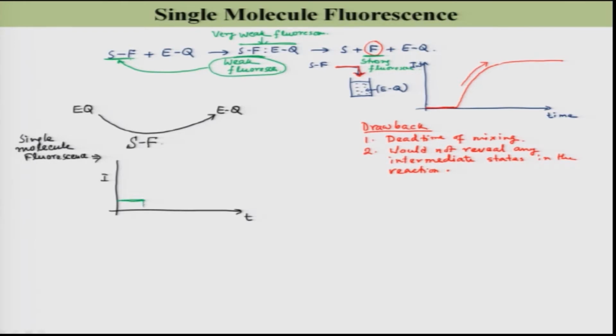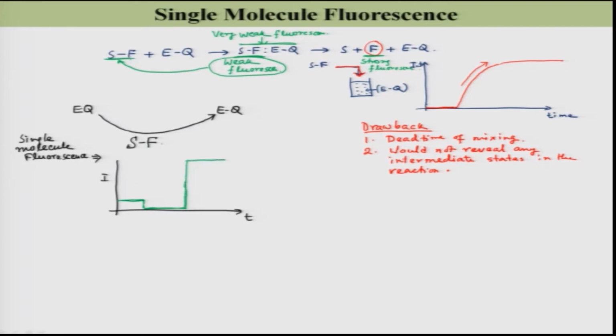That low fluorescence intensity will stay for some time, and then when the reaction finishes, there will be a formation of S and the free F. The free F fluorescence will be there if you are still looking at this F. If this F goes away, then obviously we will not be able to see it, but consider that you are still looking, then the fluorescence intensity will increase like this.